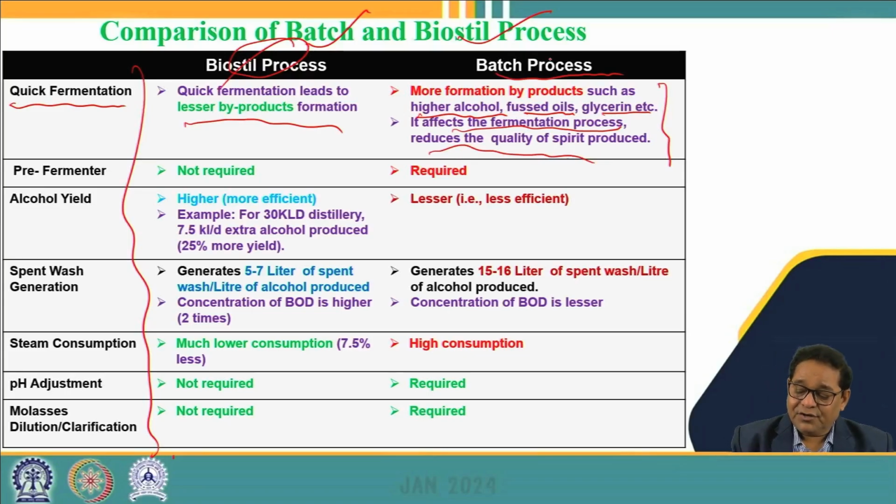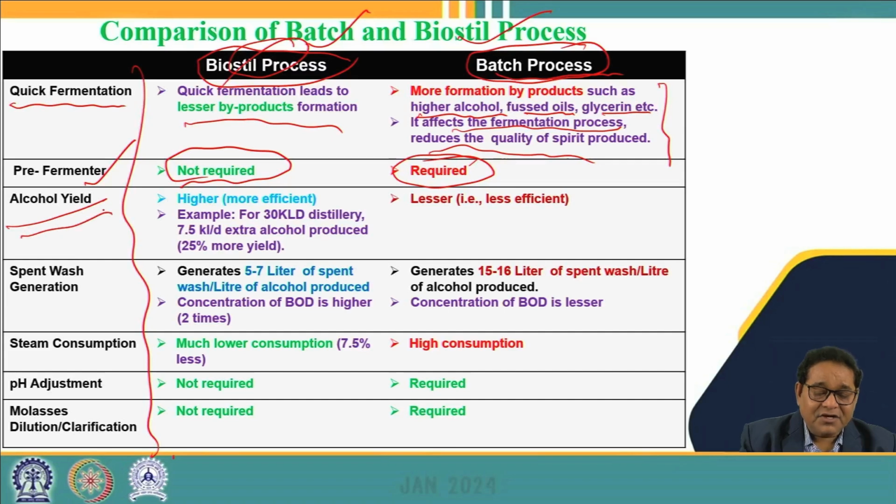So in terms of quality also, the biostill process is better than the batch process. The biostill process does not require any pre-fermentation stage, whereas a number of pre-fermenters are required in the batch process. In terms of alcohol yield, the biostill process always has around 25% more yield compared to the batch process.